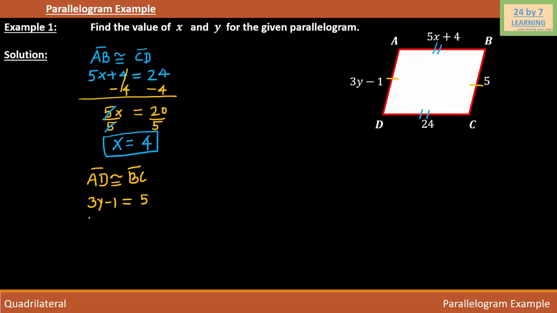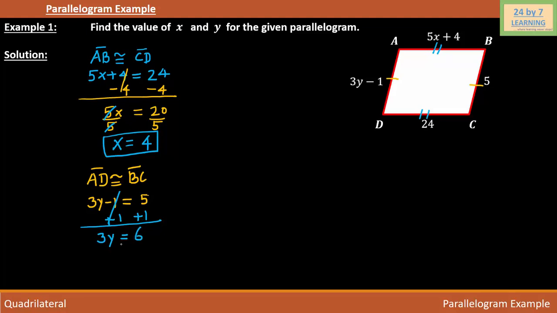In order to solve this, we need to take this 1 to the other side, so I'm going to add 1 on both sides. The 1 cancels out, and the only thing left on the left hand side is 3y, which is equal to 5 plus 1, which is 6.